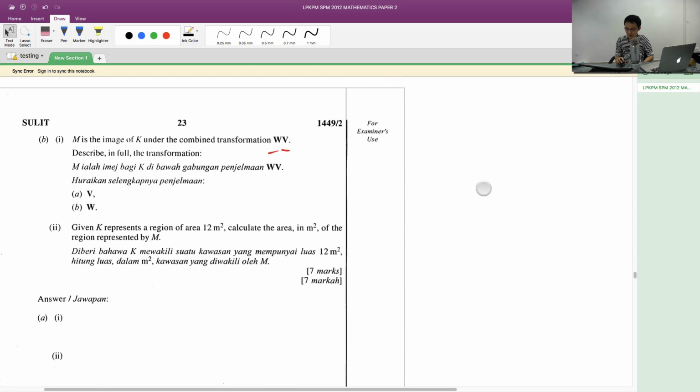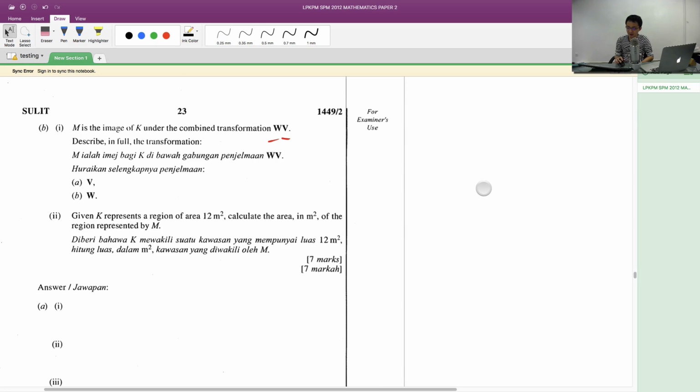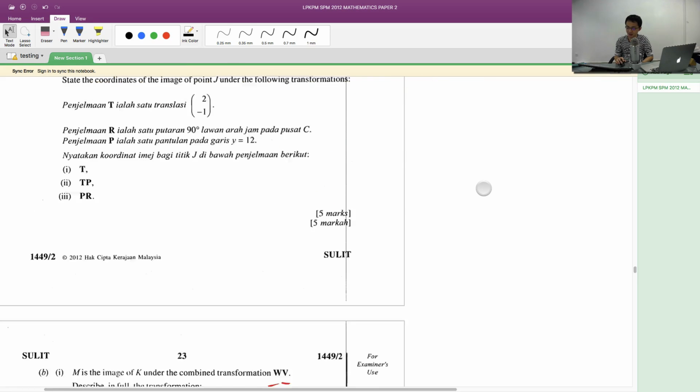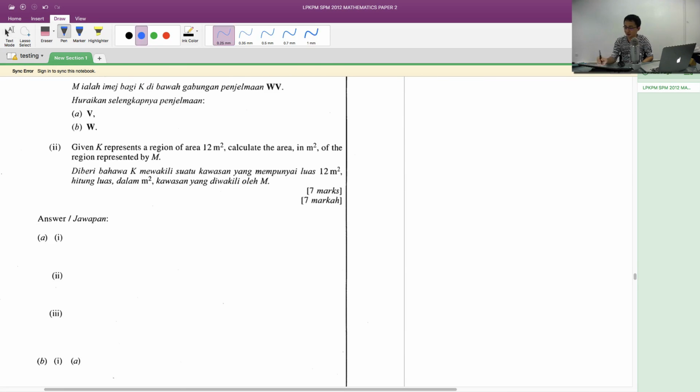Alright. So yeah. And then the second one: if K represents the region of area 12, calculate the area of the region represented by M. K is the smaller one, M is the bigger one. Alright, just now we know the scale factor actually is 2.